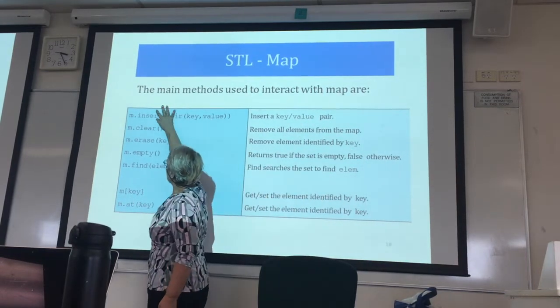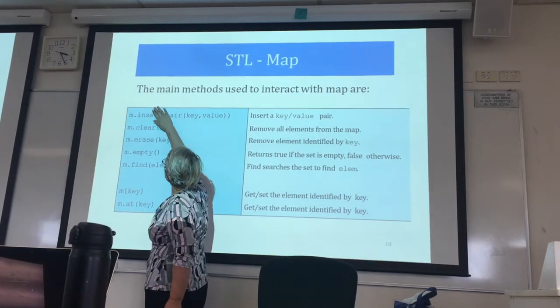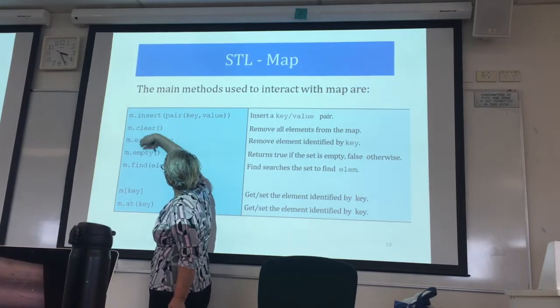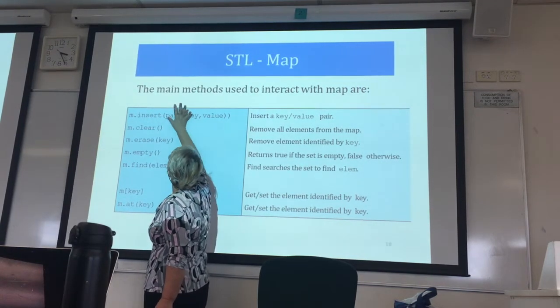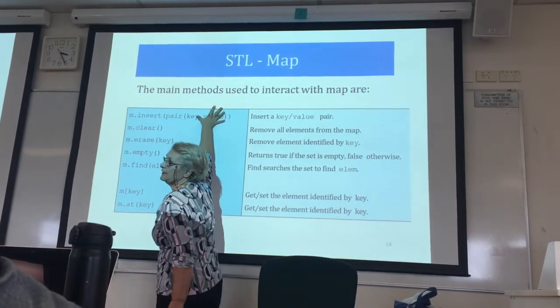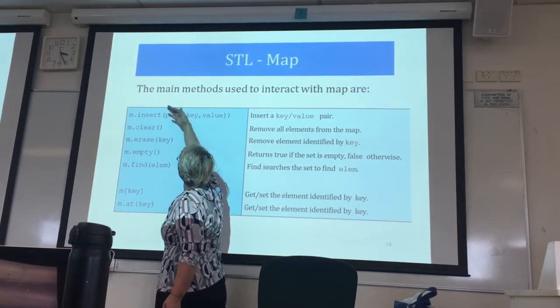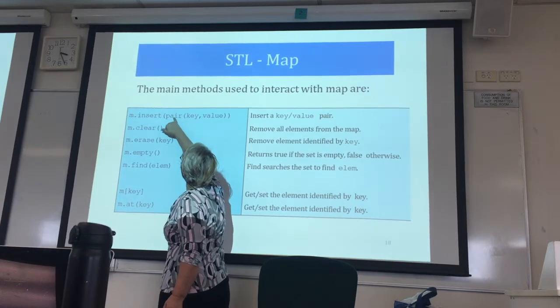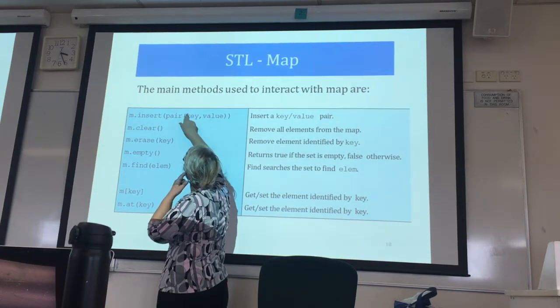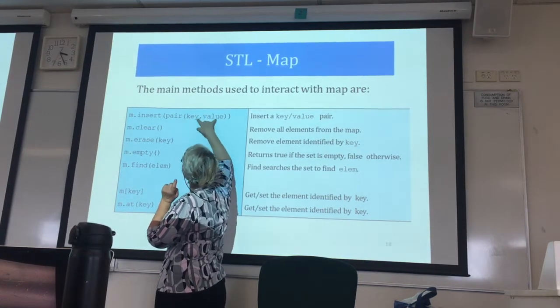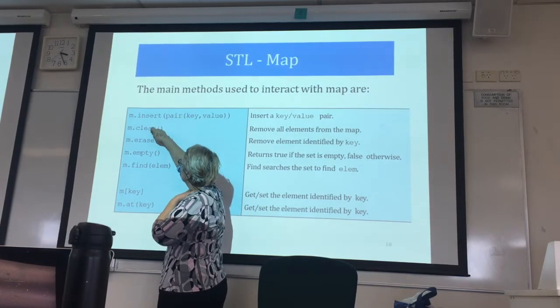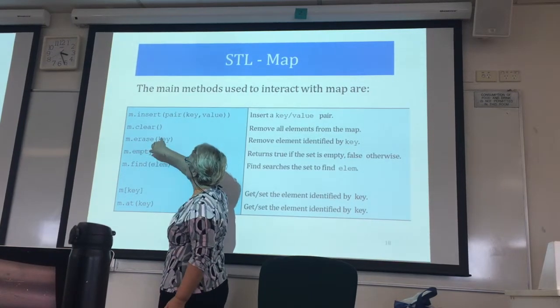Now, how to work with maps? We have the same methods, but a little bit different type of arguments, because when we insert in a map, we need to call this function, which creates a pair from these two values. How to erase?